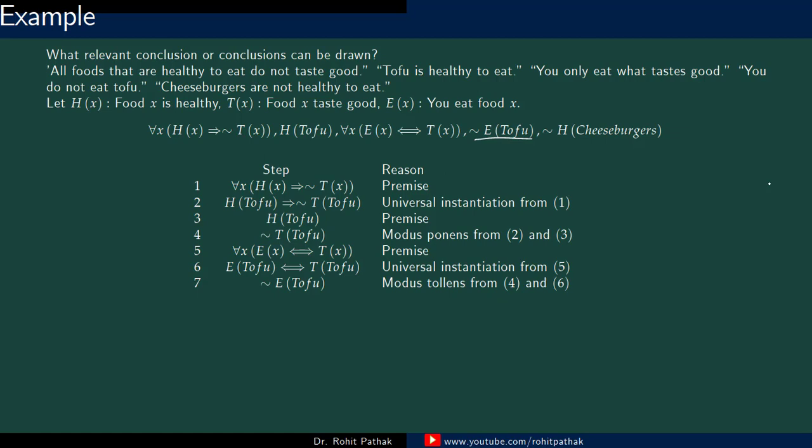The fourth is negation T tofu, that means tofu does not taste good. E tofu implies tofu tastes good. So these two give negation E tofu, by using modus tollens.